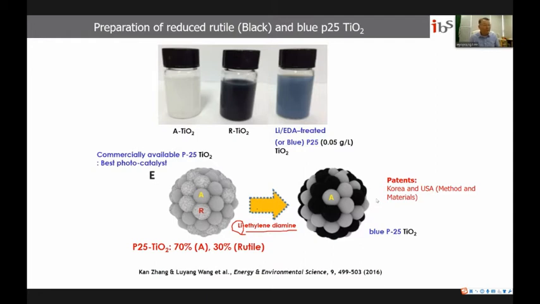In this condition, we can make black. Surprisingly, and unexpectedly, we can make blue. From the beginning we were looking for black at room temperature, but when we applied it to P25, which is the mixed phase, we got blue. We are trying to figure this out, but we are looking for black at the moment because we are looking for visible light TiO2.